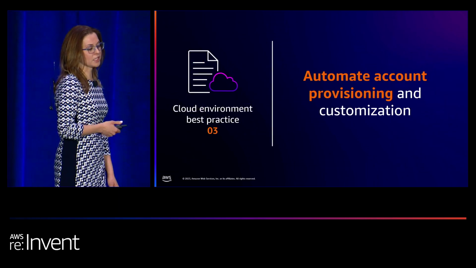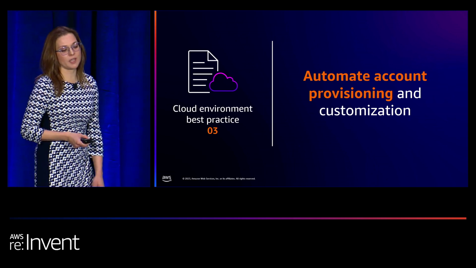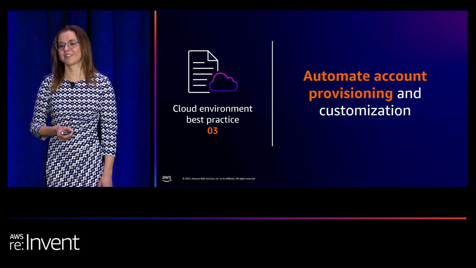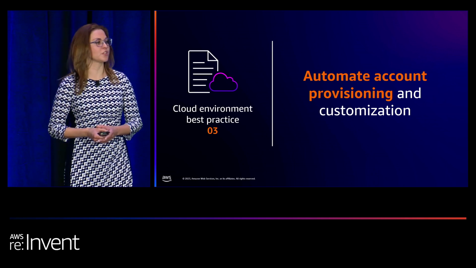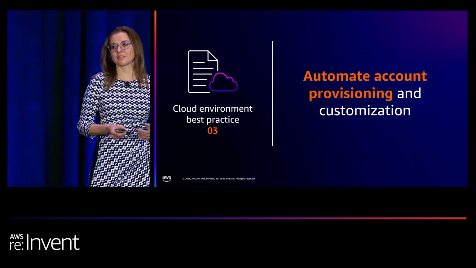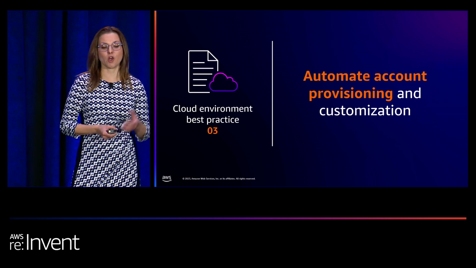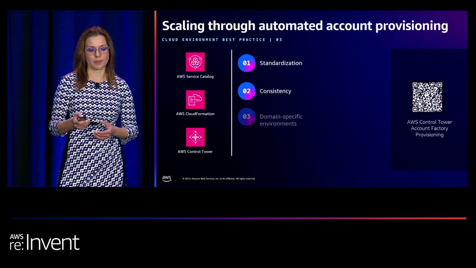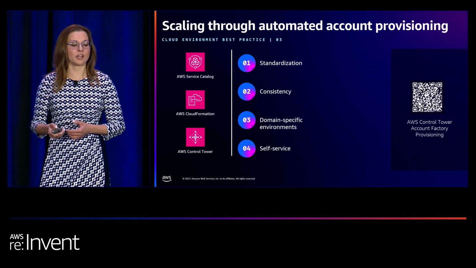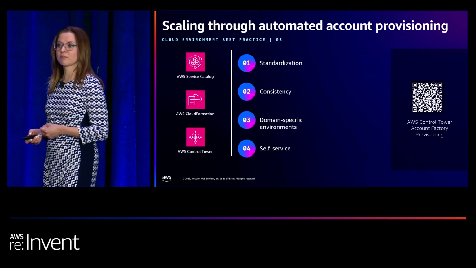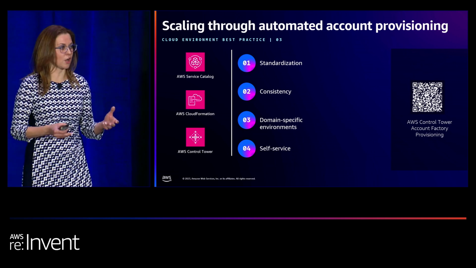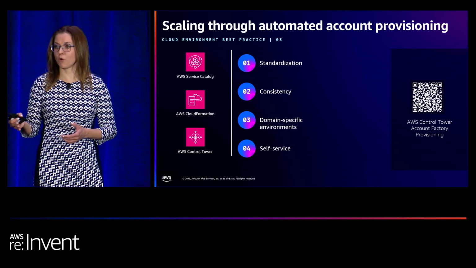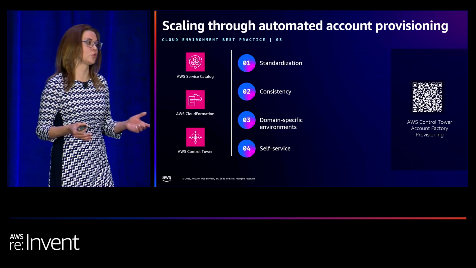Then best practice number 3, automate account provisioning and use customization. We have customers who've saved months, weeks of time by automating account provisioning. In addition to that, it offers standardization, it offers consistency across your account configurations, and reducing drift or misconfigurations if you were to do it manually.